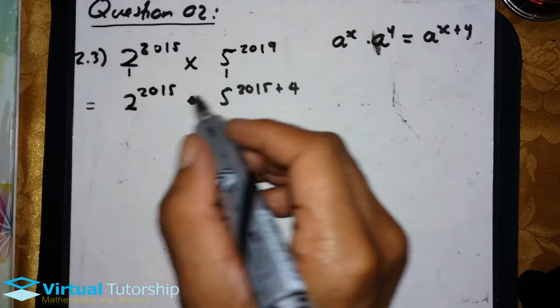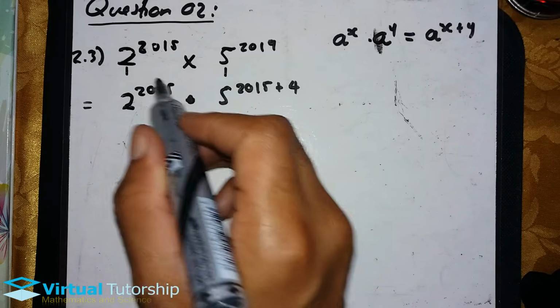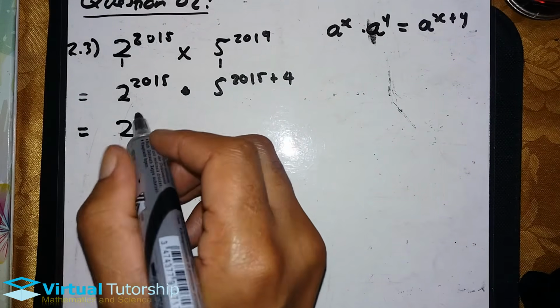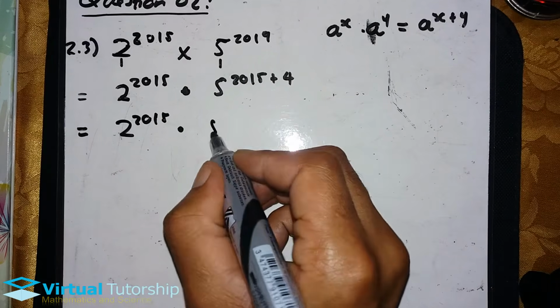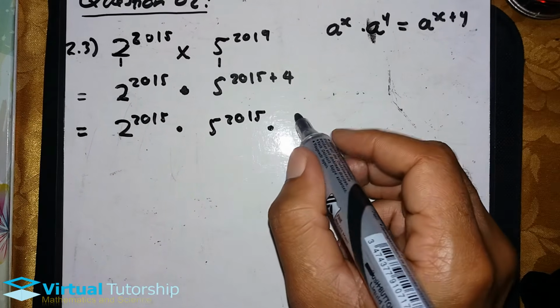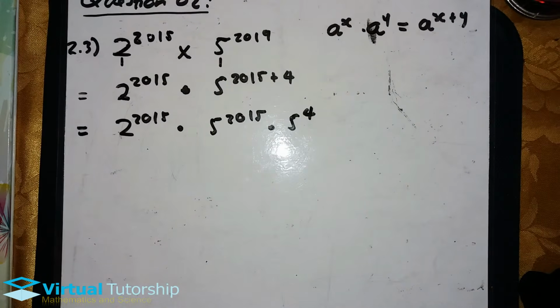So in order to have that base of 10, my exponents must be the same. So it's going to be 2 exponent 2015 times 5 exponent 2015 times 5 exponent 4, right?